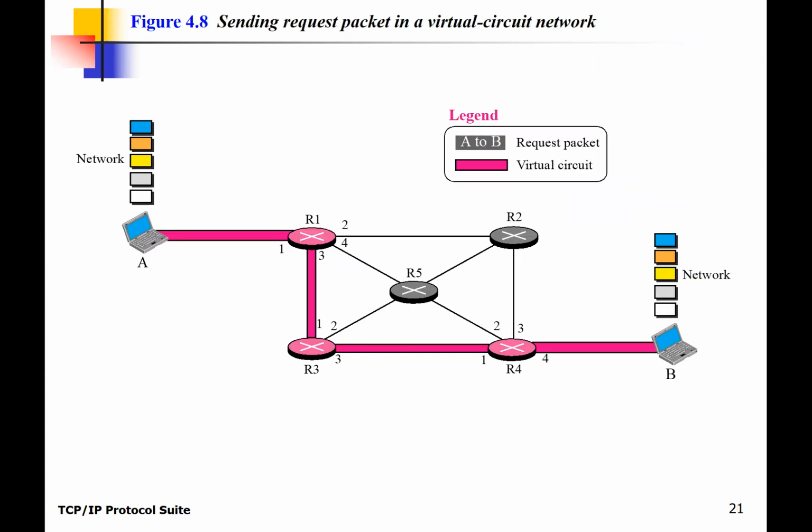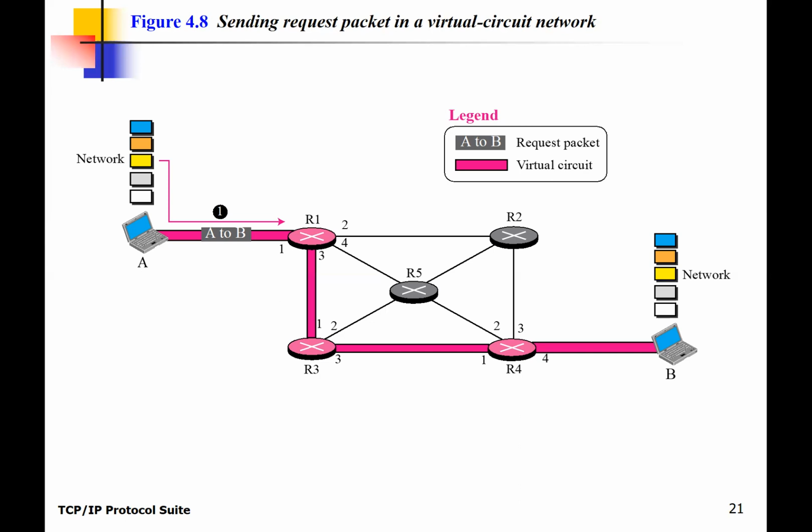All right. So let's now see how the process happens. I'm trying to send a packet from A to B. So that's the data. That's going to go through router 1. So what will router 1 do?